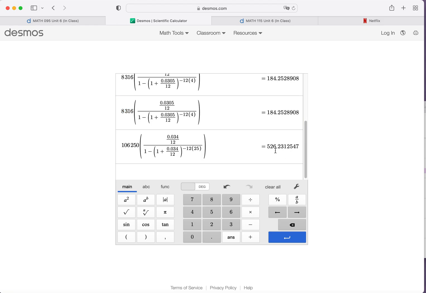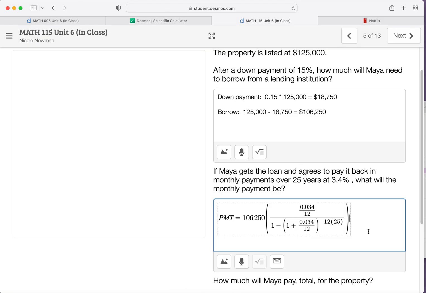So Maya's payment is coming out to be $526 and it looks like 23 cents. So let's grab that. $526.23. I'm just double checking behind the scenes to see if I got that the same amount twice, and I did.